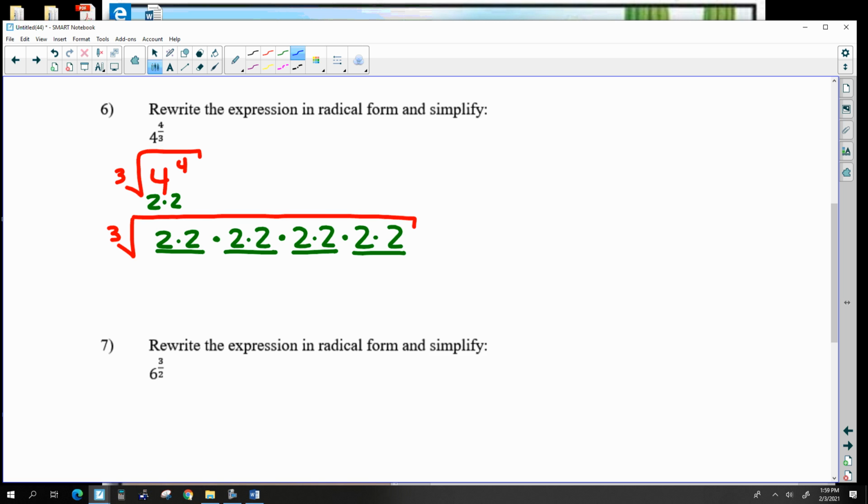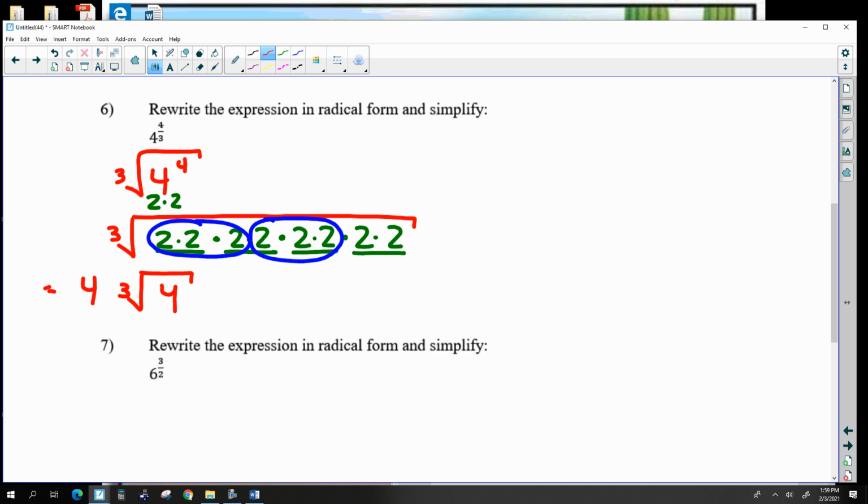If I am creating a third root of that, that would be groups of 3. So we got 1, 2, 3, 1, 2, 3. So that's a 2 out, 2 out, so that's a 4 out, and a 2 and 2 in. 4 out, 4 in.